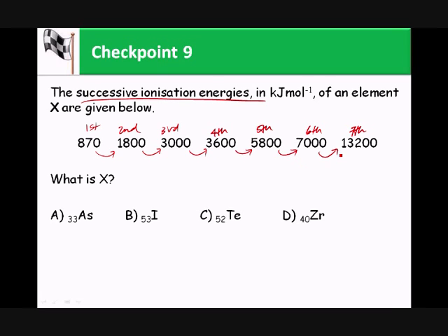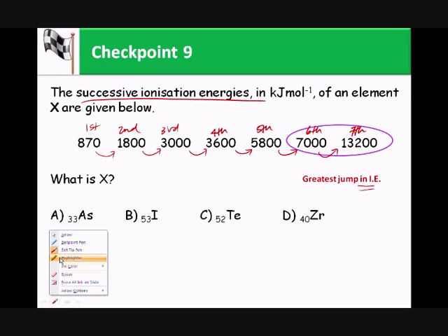and you realize that between the 6th and the 7th, there is the greatest jump in IE. The difference is the greatest. From here, you just need to see that after the 6th electron, there is a great jump.